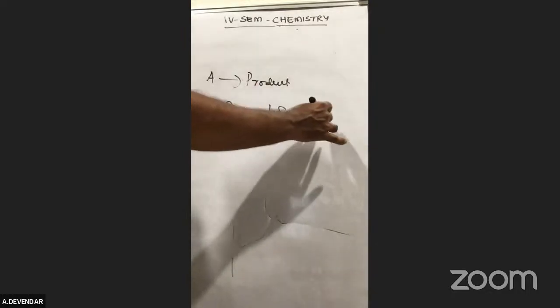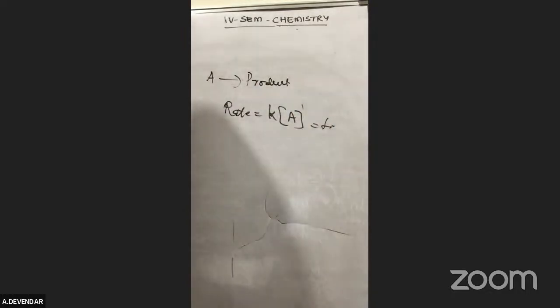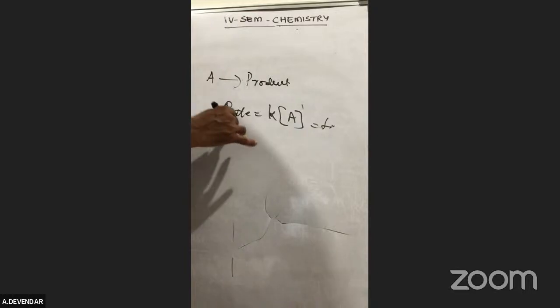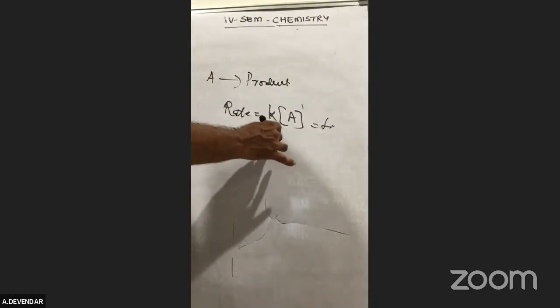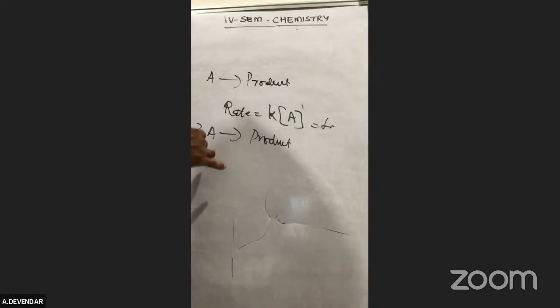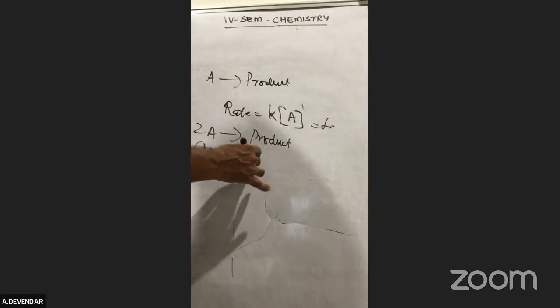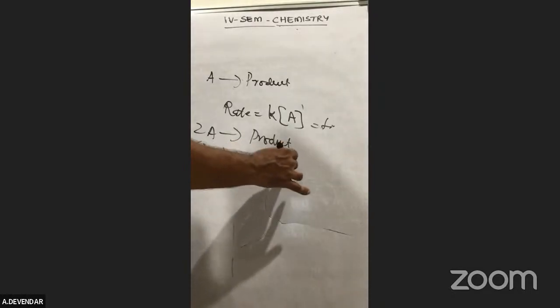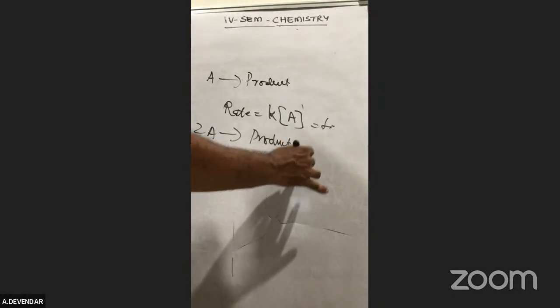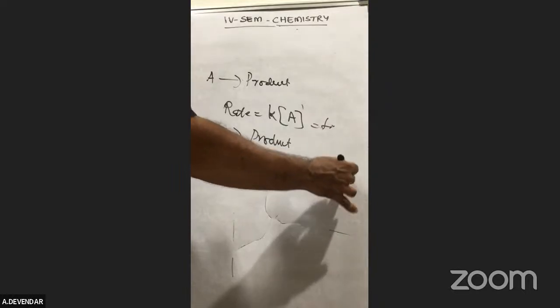It is a first order reaction. If we take 2A gives products, you can say 2A or sometimes A plus B also, it doesn't matter. The rate is the concentration term A squared. This is a second order reaction.